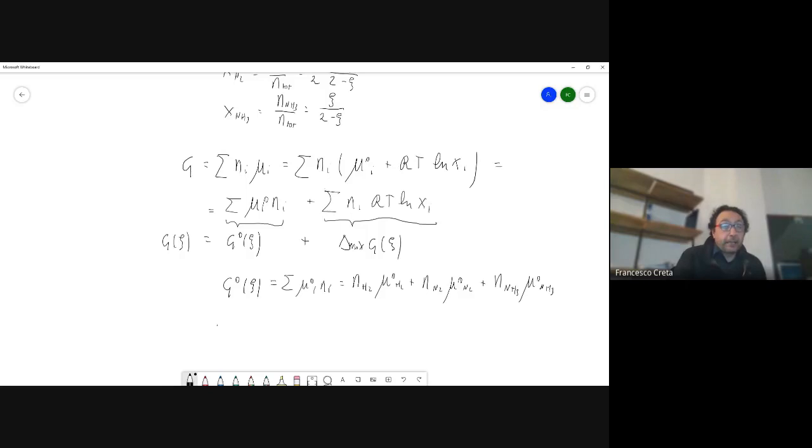And then the delta mix will be, well, RT, we can put it outside, and then the sum of N_H2 times the logarithm of x_H2, the mole fraction, et cetera, plus N_N2 logarithm of x_N2, plus, and I did the same thing here, N_NH3 logarithm of x_NH3.